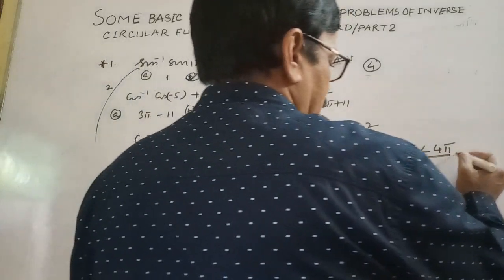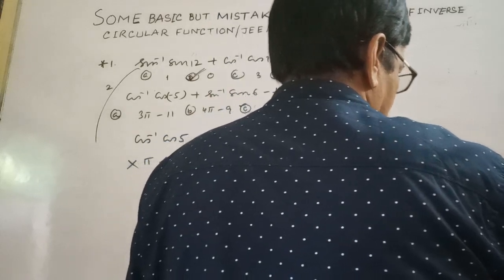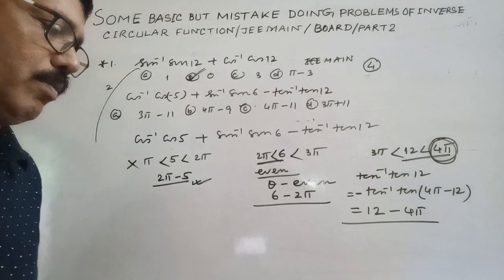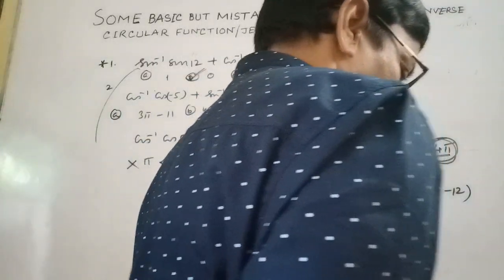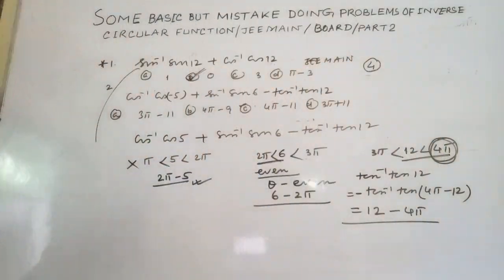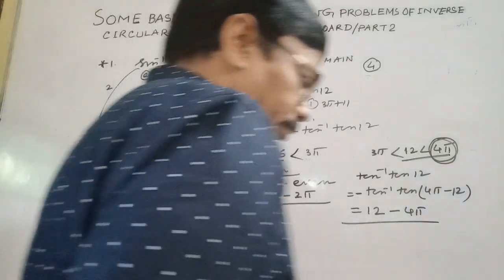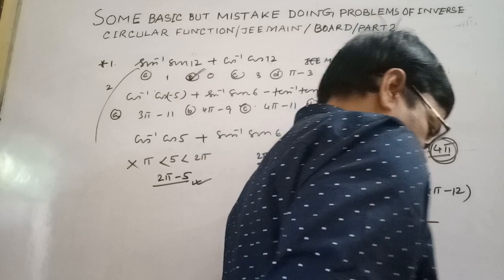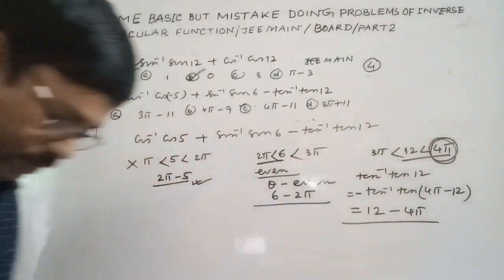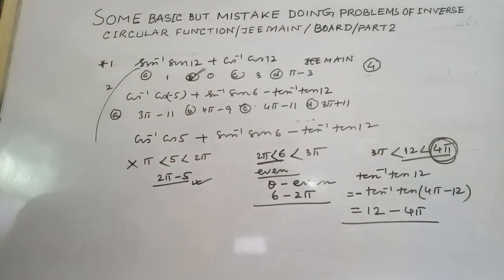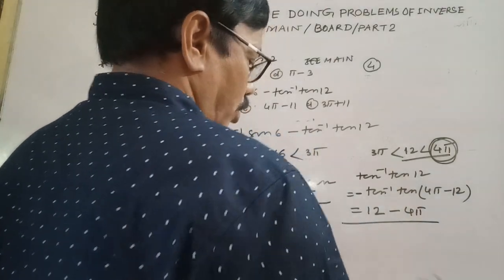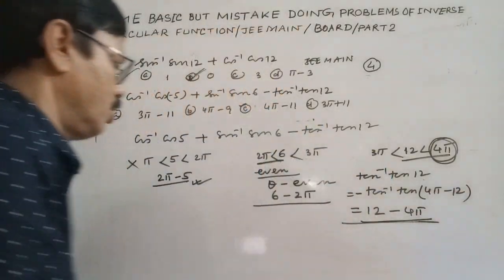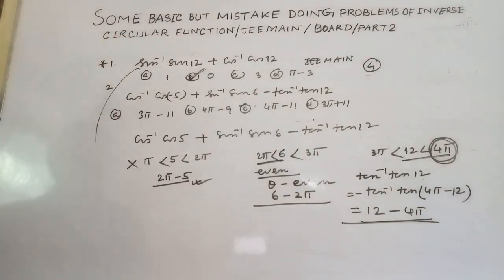Now if it is even, then the rule is just like sine inverse. What is the rule? Theta minus even multiple. What is theta? 12. So put these values.